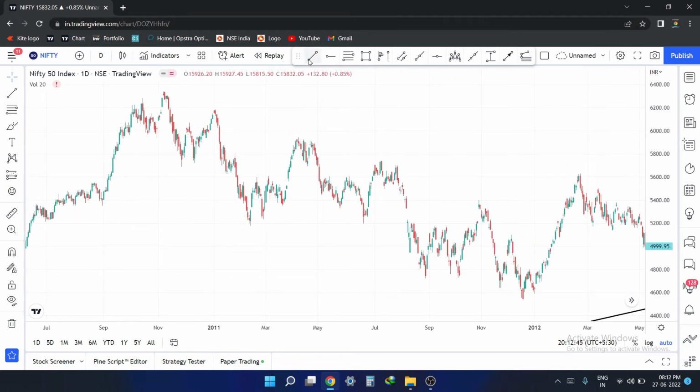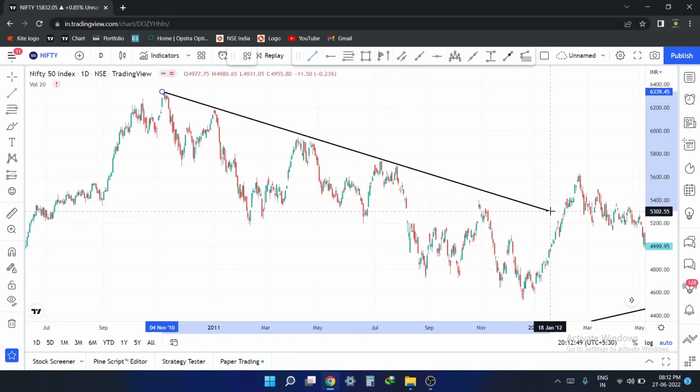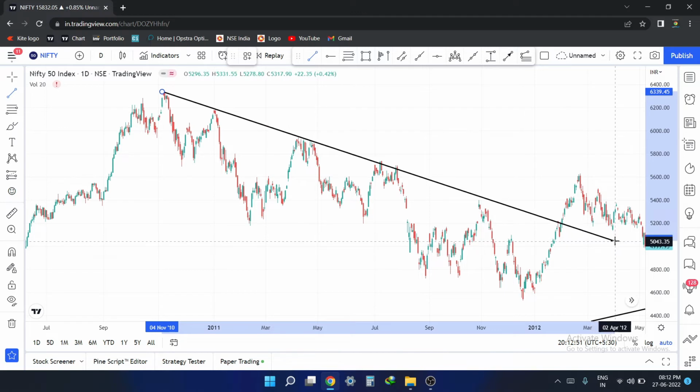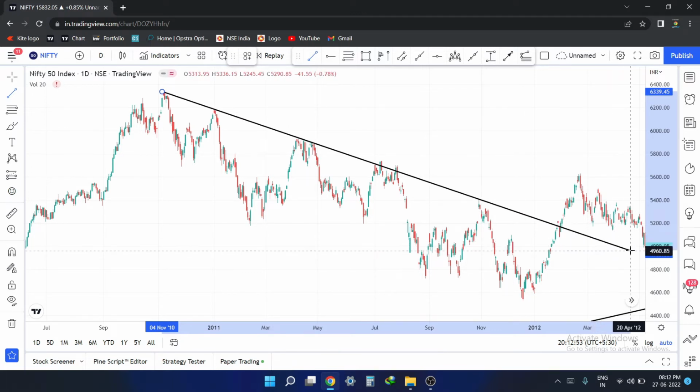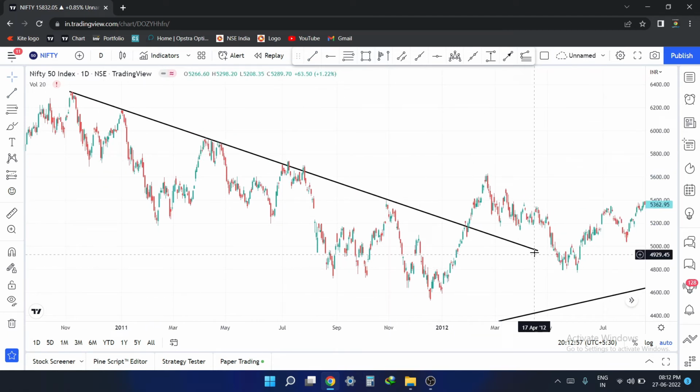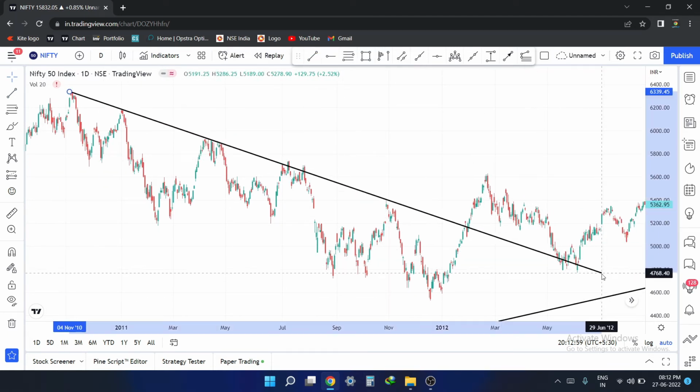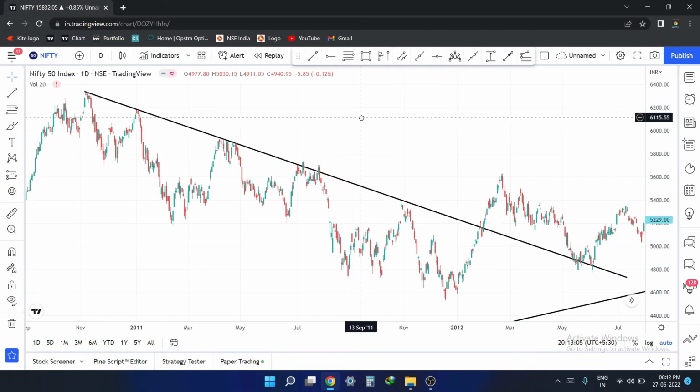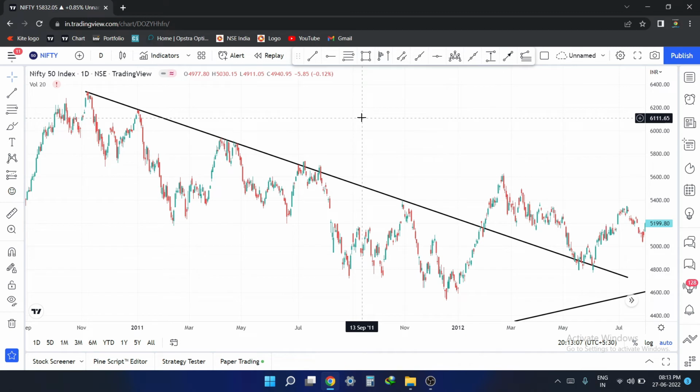This also seems good. Let me draw a trend line. Yeah, this is also approximately a 45-degree trend line.